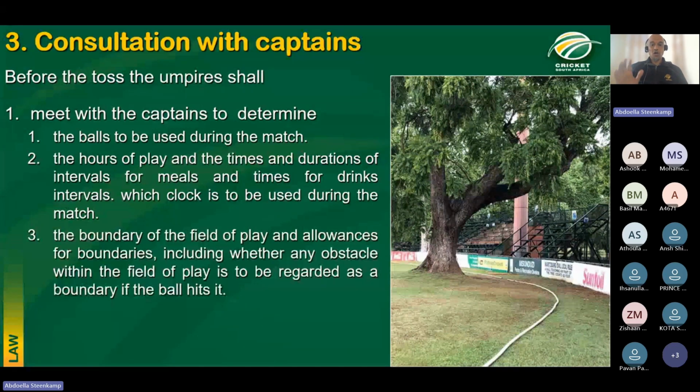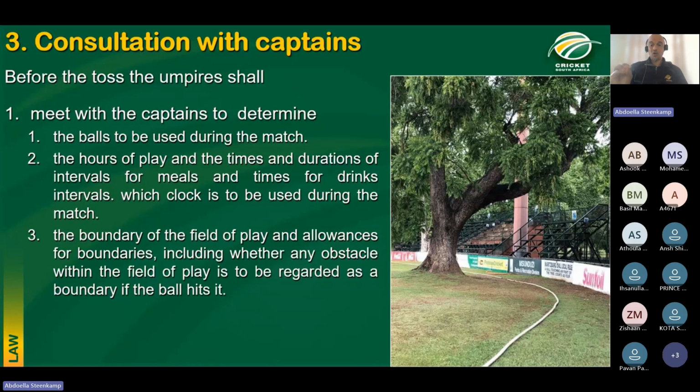If there are any obstacles inside the field of play, this needs to be discussed with the captain. On the right is an example of where there's a tree inside the field of play. This is at a provincial ground in South Africa, in a town called Pietermaritzburg, where this huge tree is inside the boundary.